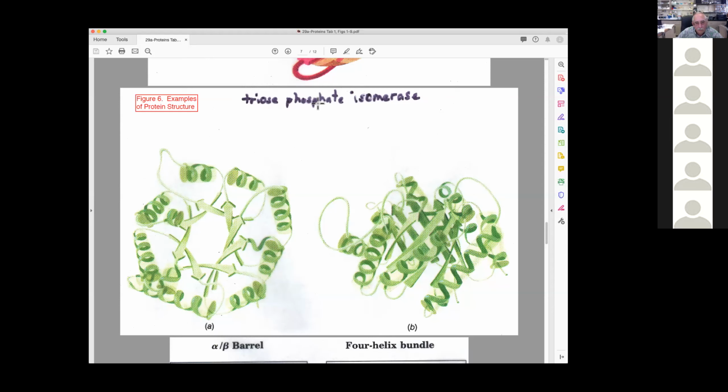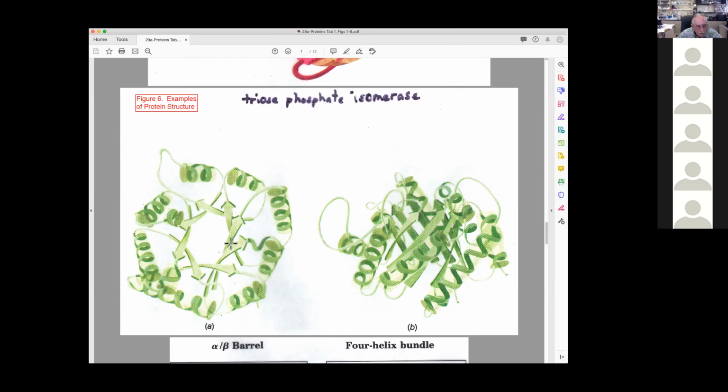Anyway, here's what I want to point out. These are sections of alpha helix, here and here. And how are they held together right here? By some random coil. Here are some sections of beta pleated sheet. How are they held together? Hydrogen bonding this way.